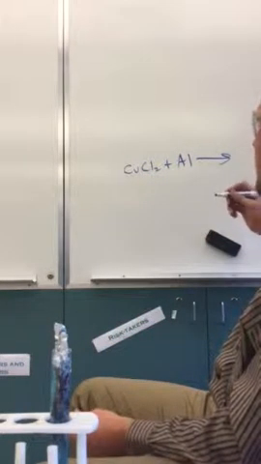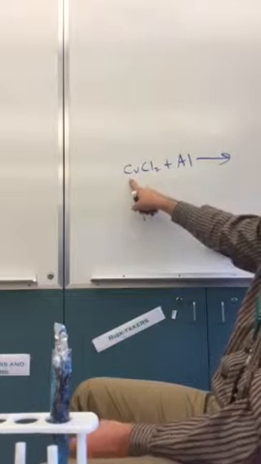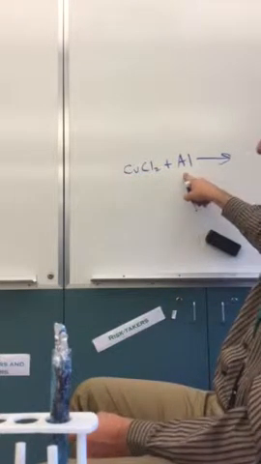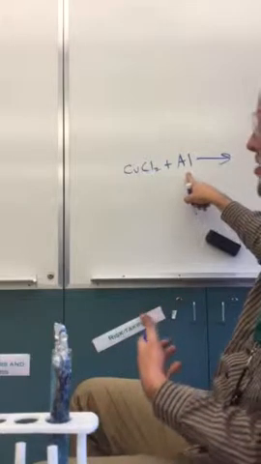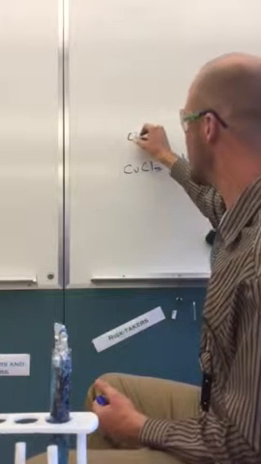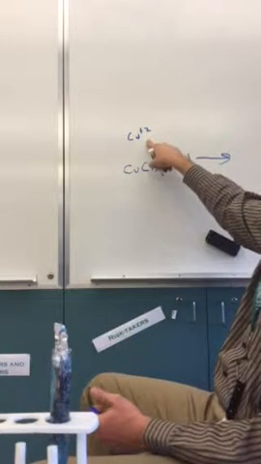Well, it turns out that copper actually likes its electrons more than aluminum likes its electrons. Right now aluminum is neutral. Copper, we saw earlier, was Cu plus 2. It's missing those two electrons.